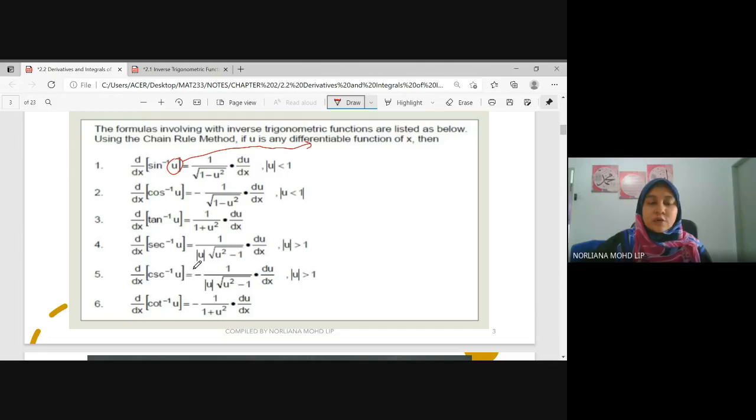The differential of inverse cosecant u is equal to negative 1 over absolute u times square root u square minus 1 times du over dx. So there are 6 formulas. You need to list these down. The formula list will be given in your list of appendix.